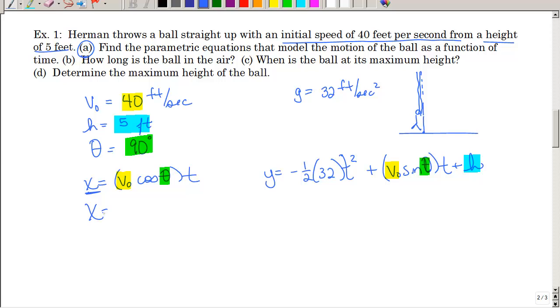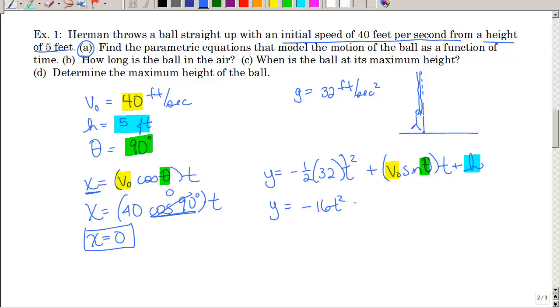What happens? x equals 40 times the cosine of 90 degrees times t. Well, what is the cosine of 90 degrees? That's 0. There is no horizontal component. Let's look over here. Let's simplify this a little bit. We have y equals negative 16t squared plus 40 times the sine of 90 degrees times t plus h.